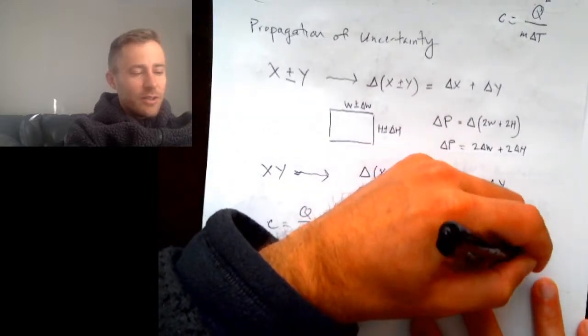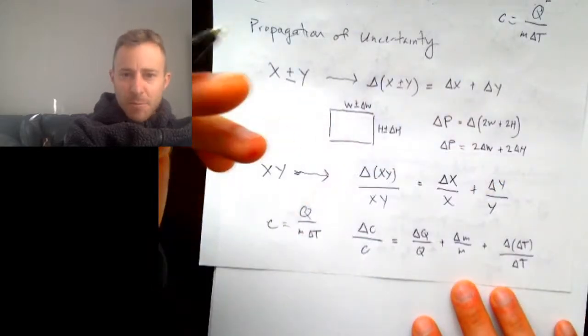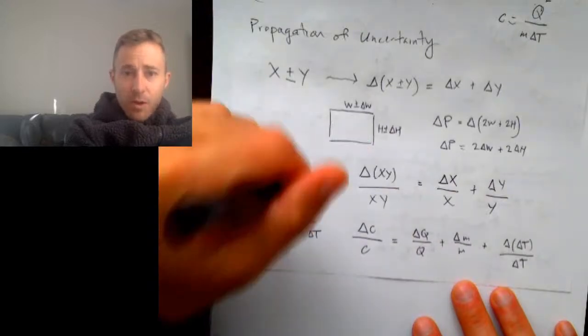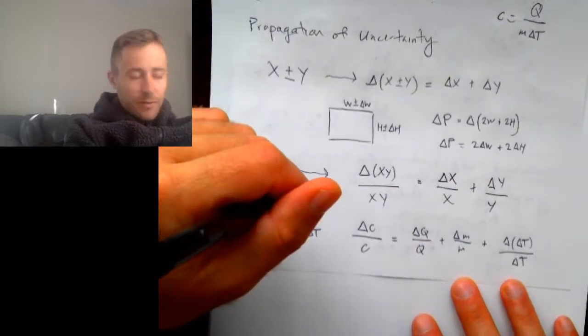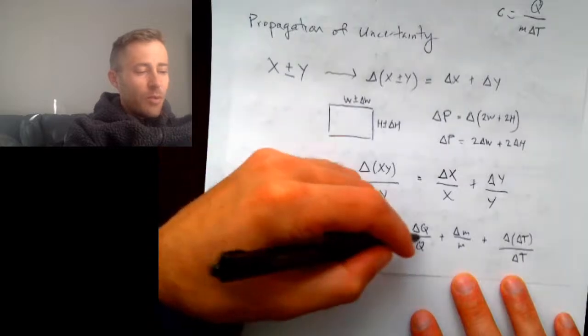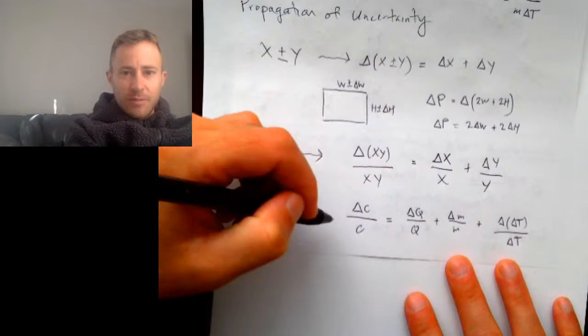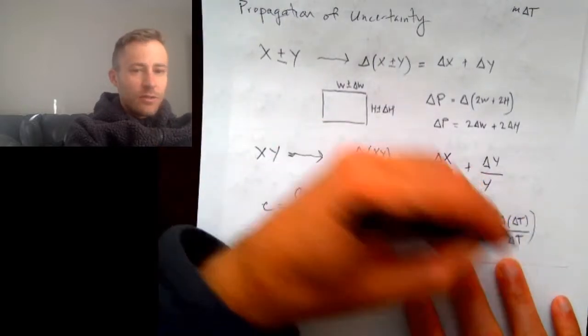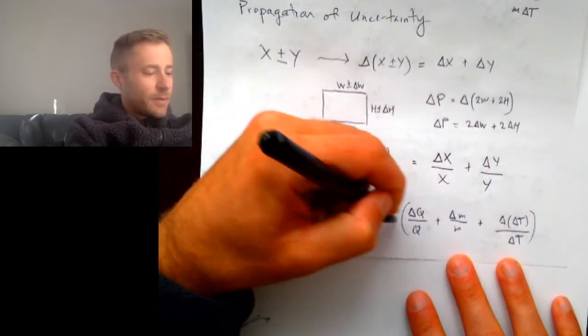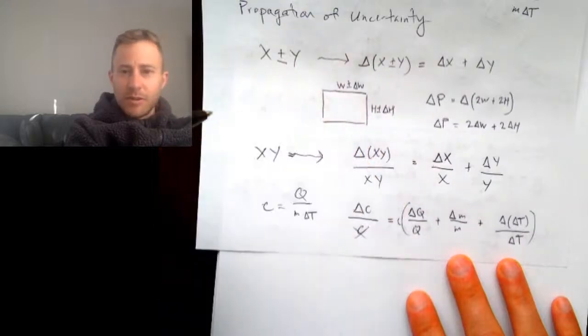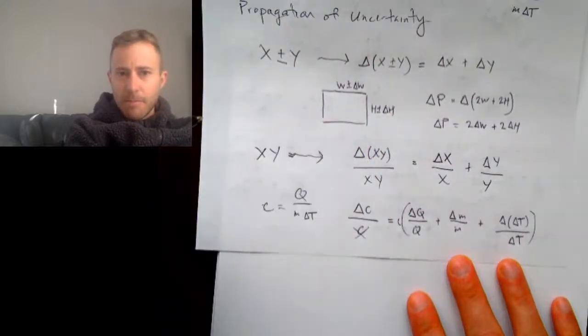It's delta delta T. If I wanted the absolute uncertainty, I would multiply both sides by C in order to cancel this out. So I multiply by C and that would get rid of that.